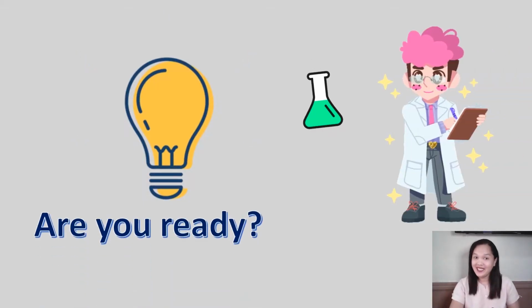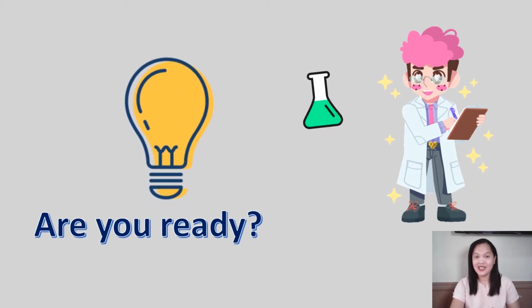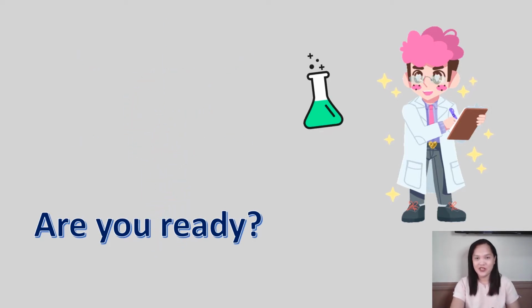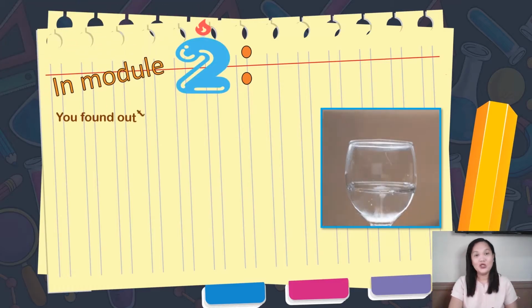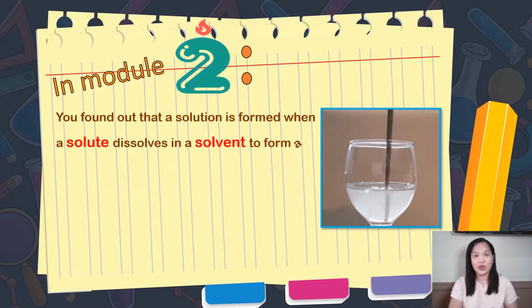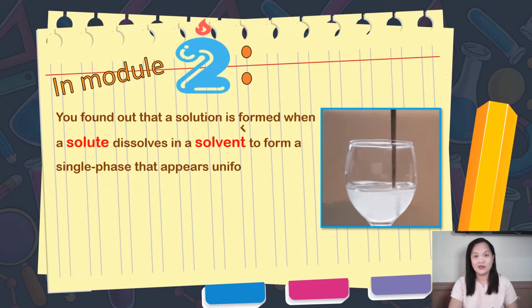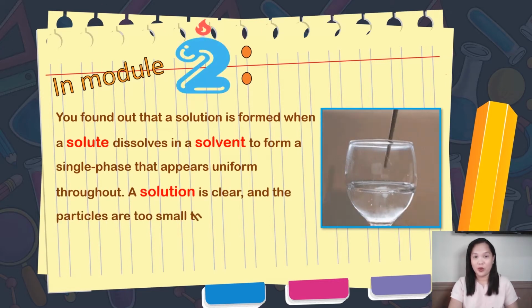Are you ready? Let me refresh you with our previous lessons and see if you can remember different topics and activities you had. In Module 2, you found out that a solution is formed when a solute dissolves in a solvent to form a single phase that appears uniform throughout.